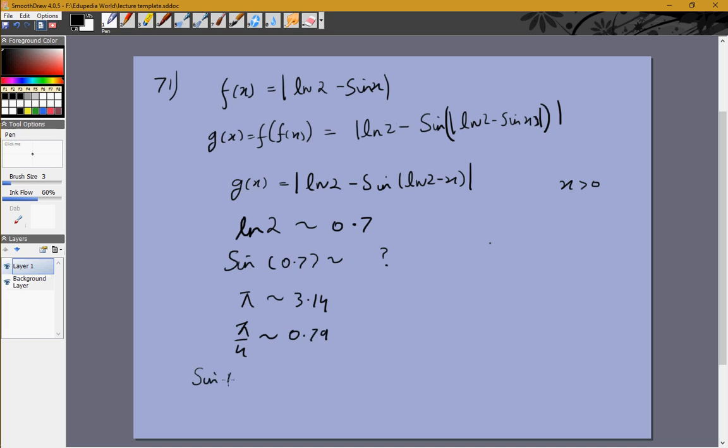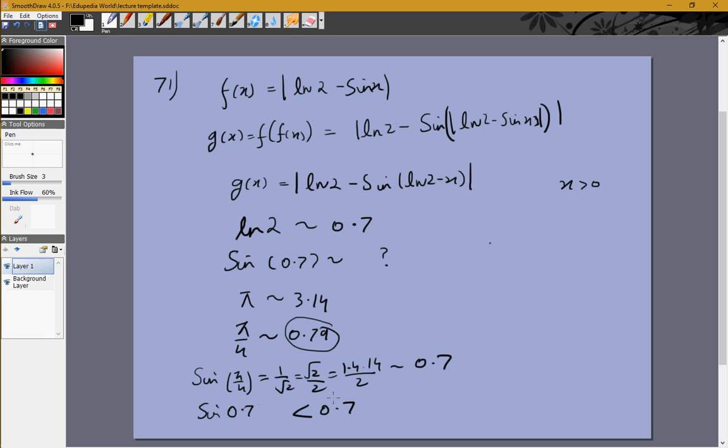And we know sine of pi by 4 is 1 by root 2, which is root 2 by 2, which is 1.414 by 2, approximately 0.7, right? So we know that sine of pi by 4, sine of 0.79, is approximately 0.7. So sine of something smaller than that, sine of 0.7, will obviously be less than 0.7.